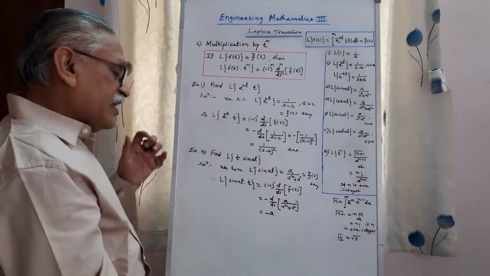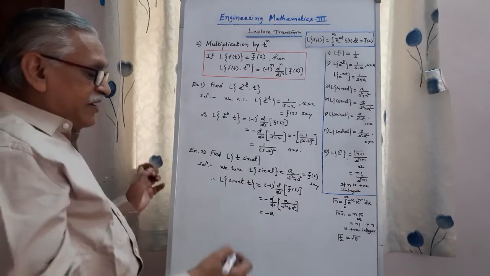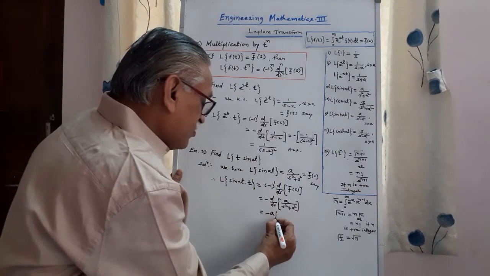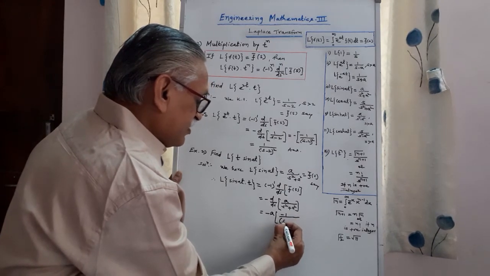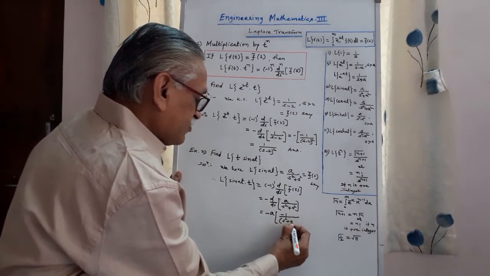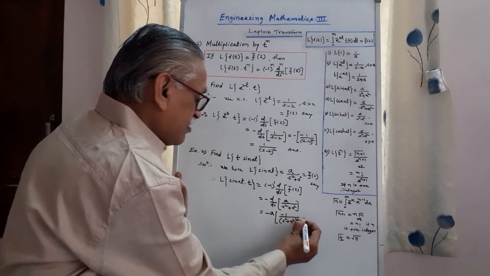The derivative of 1 by x is once again minus 1 by x square, therefore it is minus 1 upon x square, which here means s square plus a square bracket square.